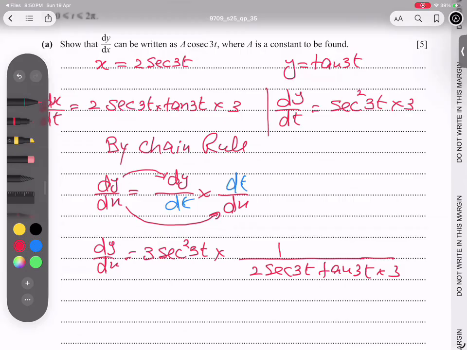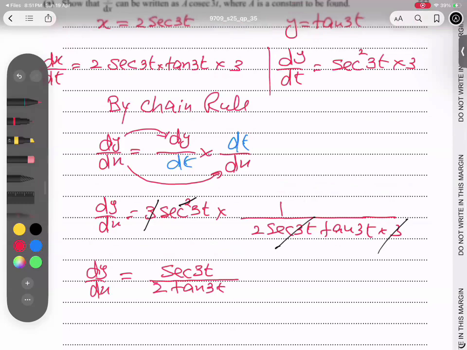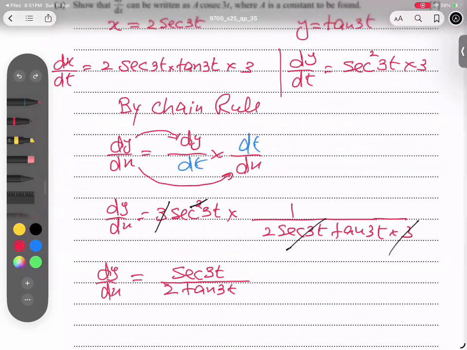So this is very clear. Now, students, this 3 will cancel with this 3. This secant will cancel with this power. And ultimately, on the top I'm getting secant 3t, and here I'm getting 2 and tan 3t. So we have to convert our answer into which format? In cosecant. Cosecant means 1 by sine, basically.